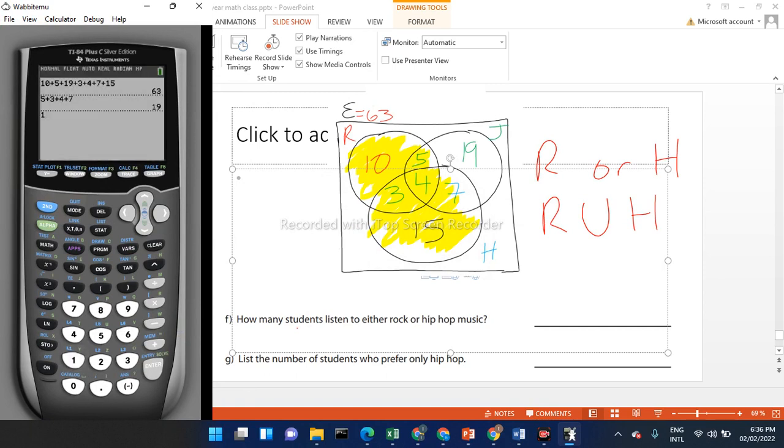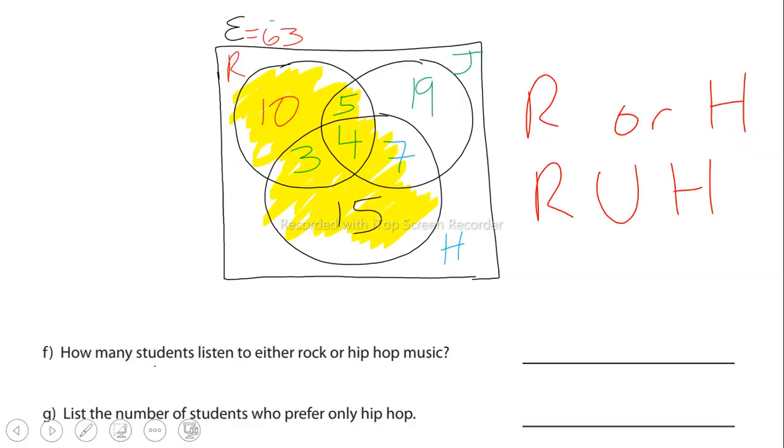So 10 plus 5 plus 3 plus 4 plus 7 plus 15 is 44. As you said, Ms. Reckley? Yes, sir. Okay, very good. 44 is the answer.